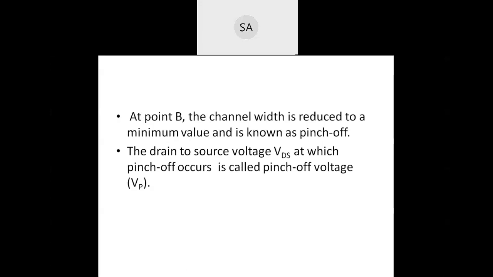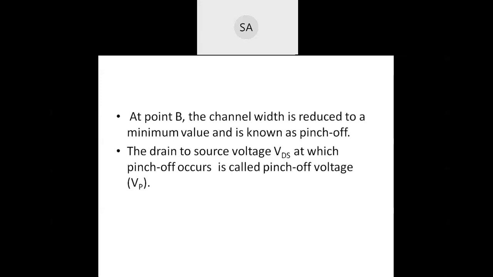At point B, that point voltage we call the pinch off voltage. At point B, the channel will be entirely closed. There will be no movement of charge carriers and no movement of current. So at point B, the channel width is reduced to a minimum value and is known as pinch off.